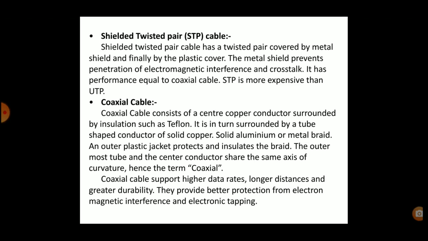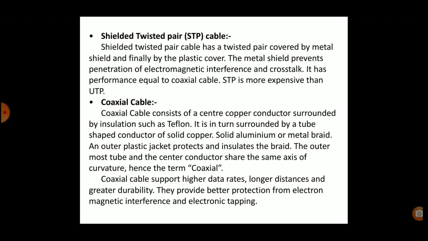Coaxial cable consists of a center copper conductor surrounded by insulation such as Teflon. It is in turn surrounded by a tube shaped conductor, solid copper, solid aluminum or metal braid. An outer plastic jacket protects and insulates the braid.